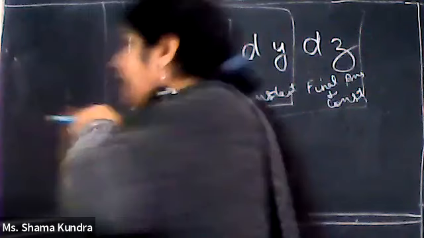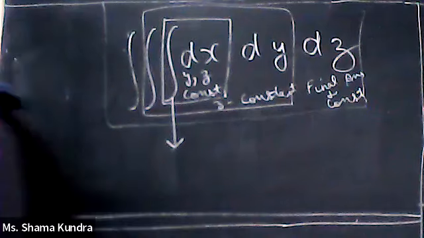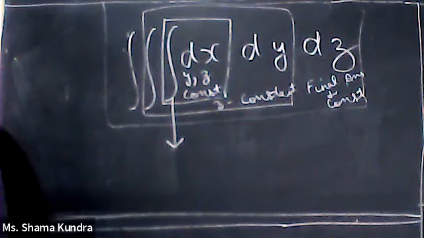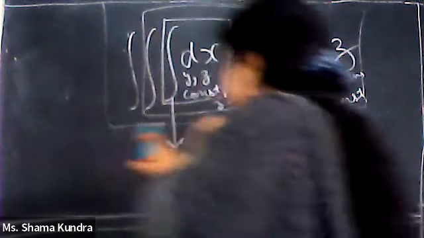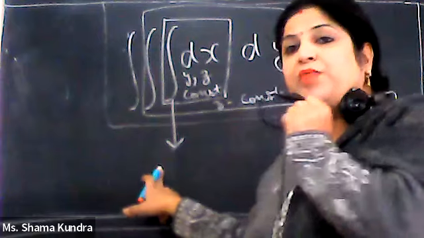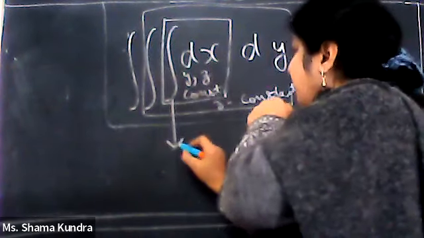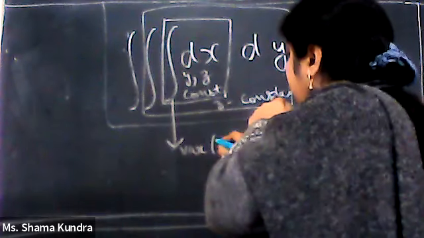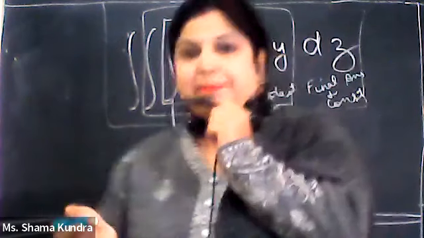In triple integral, when we integrate with respect to x, this limit may be variable or constant. When we integrate with respect to x, in case of variable, the limit comes in y or z.